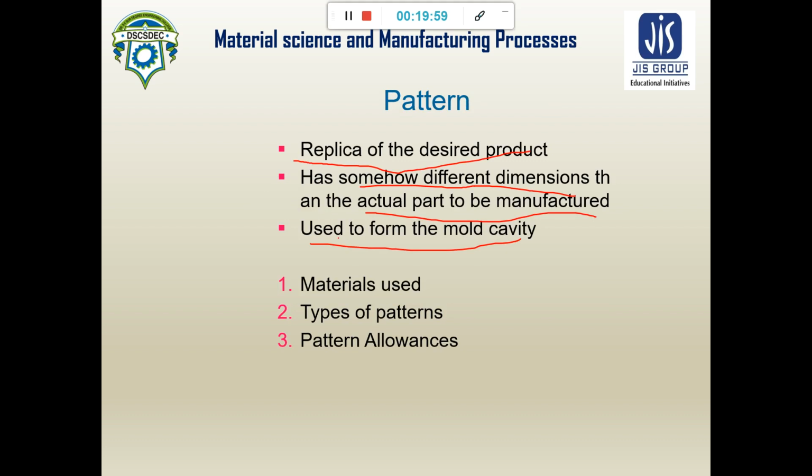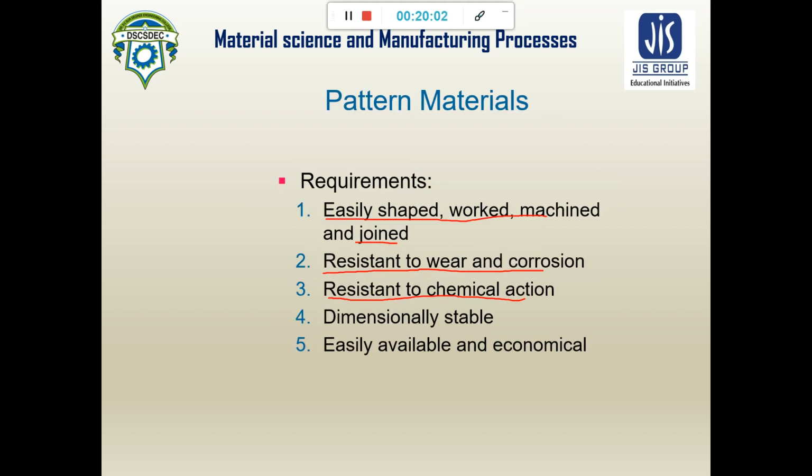It is a replica of the desired product. The pattern should be easily shaped, worked on, machined and joined. It should have resistance to wear and corrosion, resistance to chemical action, be dimensionally stable, and be easily available and economical.